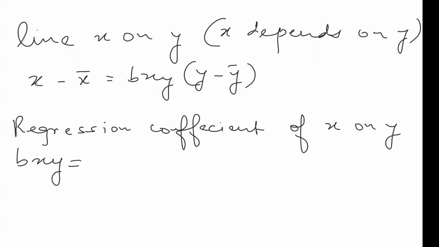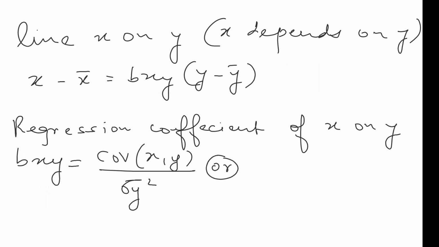The first formula is covariance between x and y, the covariance formula I have already shared with you, upon standard deviation of y square, or bxy, the regression coefficient of x on y, in terms of r sigma x upon sigma y.